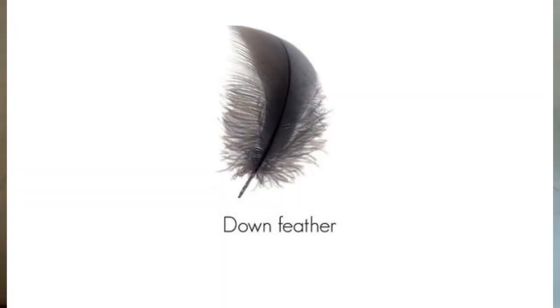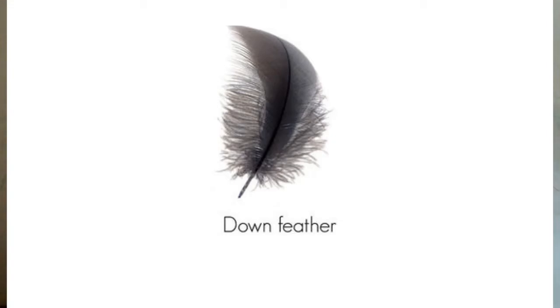Now we're going to learn about another category, that is, the down feathers. What are they, dear? Down feathers. Are you able to see in the picture, dear? Very good. They are short and soft. See how silky it is, right? Short, soft, fluffy feathers. They are close to the skin. They are very closely attached to the skin, right?